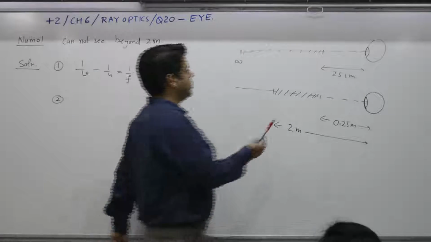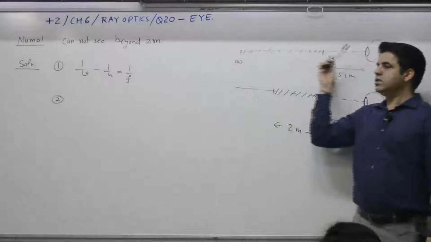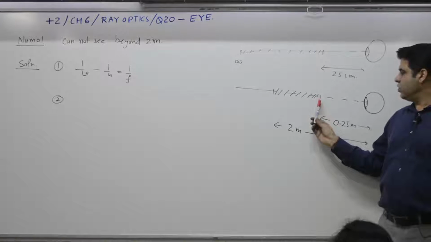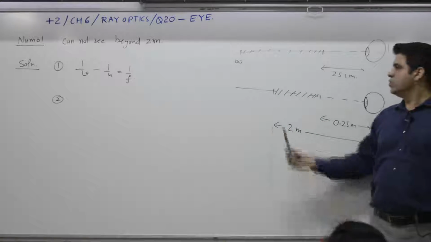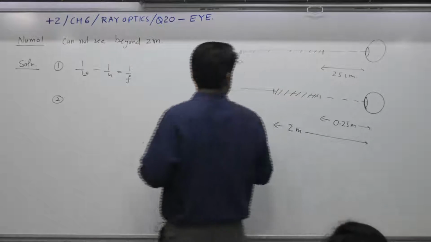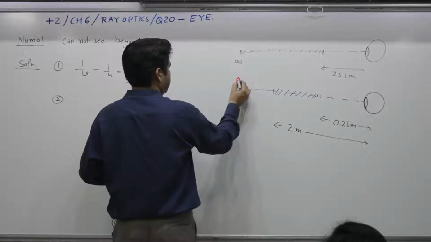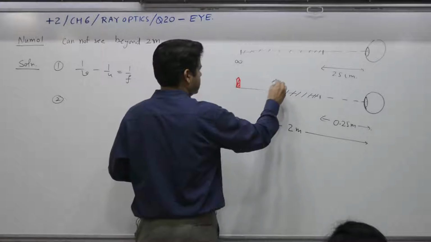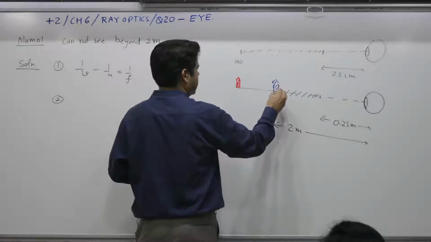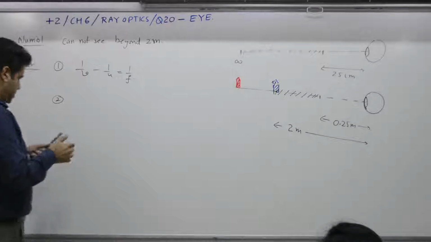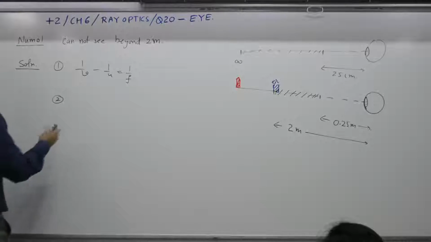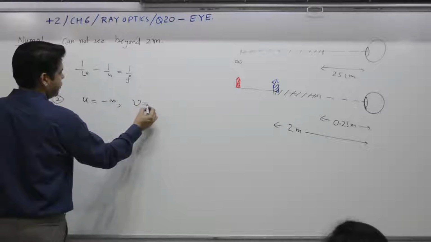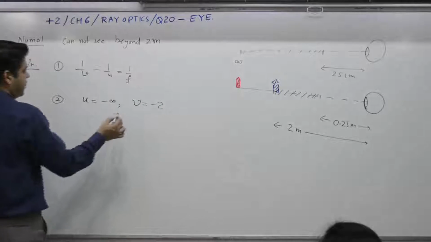If you place an object at infinity, the normal eye can see, but this person cannot see, because he can see only between 0.25 to 2. So you place an object here, and where do you want its image to be? Somewhere where the eye can see. So U is equal to what? Minus infinity. V is equal to minus 2. Find F and power.